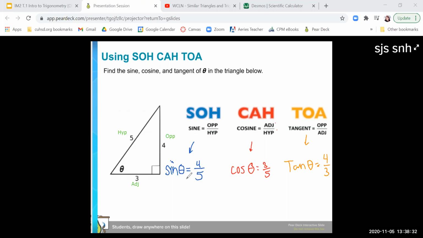All right, now what's nice about this is that it gives us a tool to be able to find a missing side. And what we want to remember is that every single triangle, this is the same triangle that she was showing us in the video, every single triangle that has sides 3, 4, and 5, or some multiple of that, like a dilation, like sides 6, 8, and 10, the ratios we would get for the sides compared to each other would be the same once we reduce them every single time.